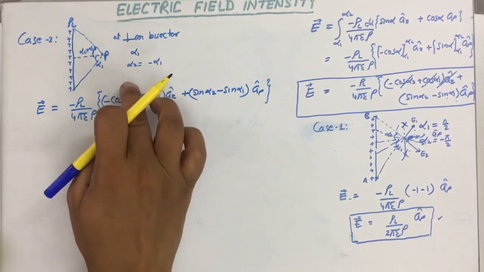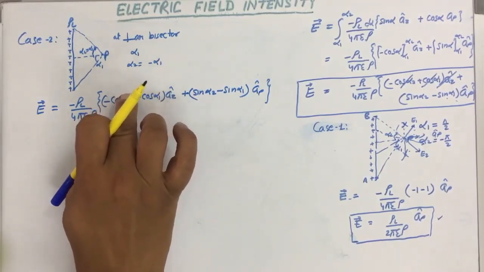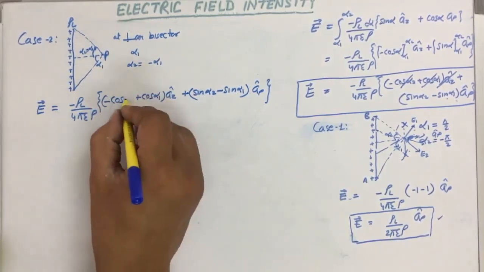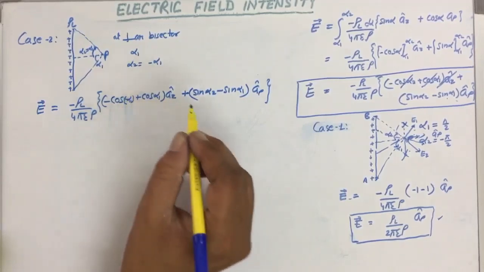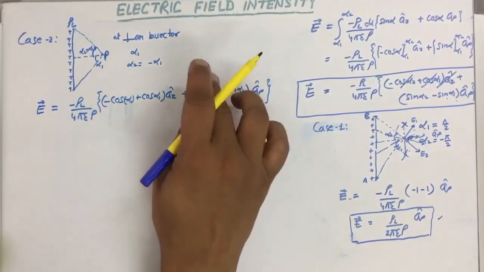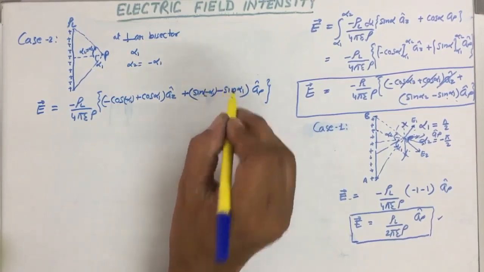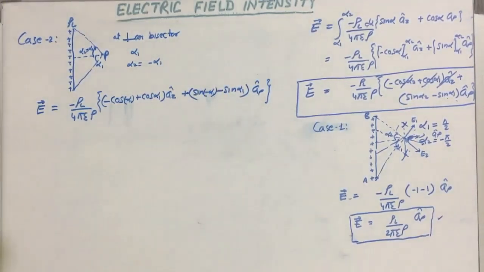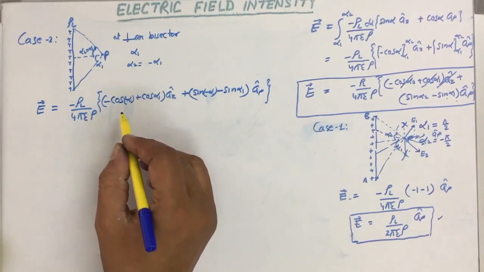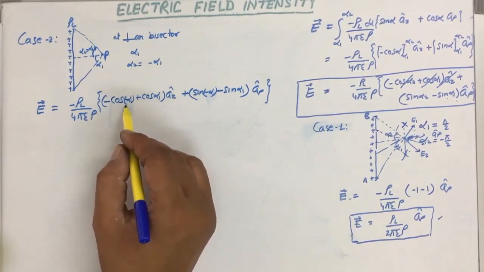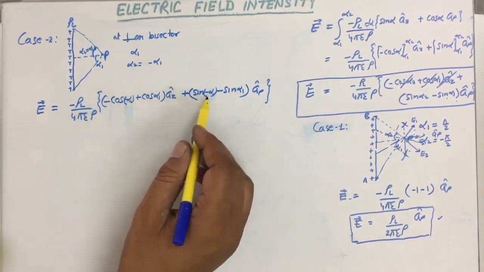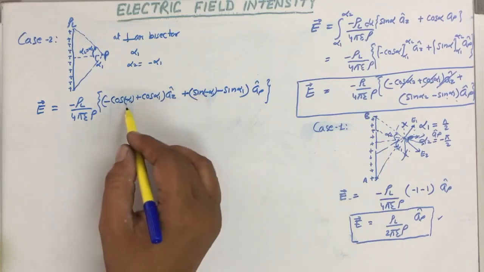I am just erasing here and putting the value minus alpha 1. In this condition, alpha 2 will be minus alpha 1. So we have taken the value of alpha 2 from here and here, and we replace them by minus alpha 1.